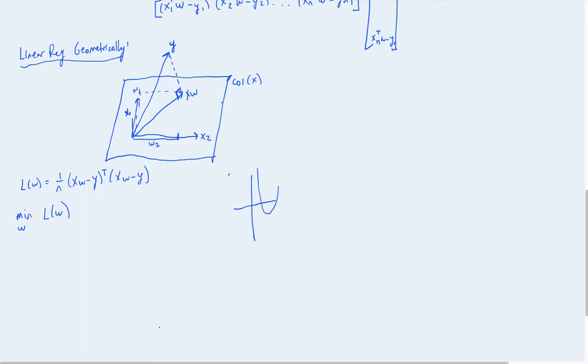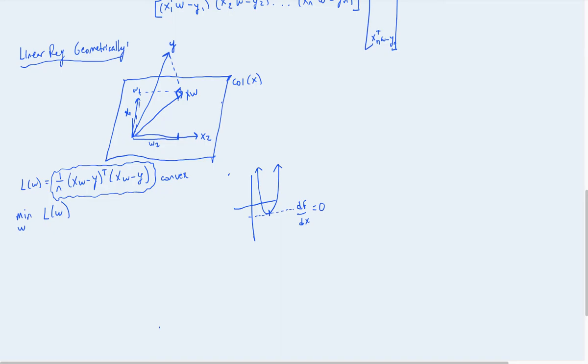So suppose this is your function. We remember from high school that when you take the derivative and set it to 0, you'll get a max or a min, and in the case of a convex function, you'll get a min. And it happens that this function is convex. So all we have to do is to set the derivative of that to 0.